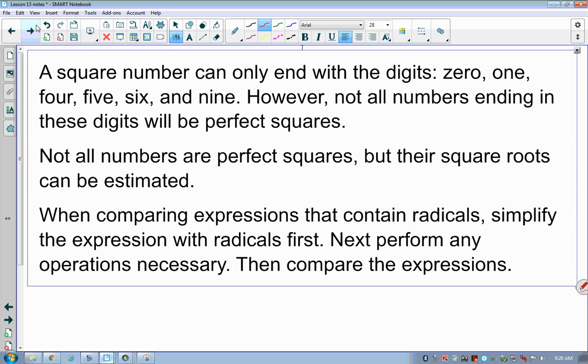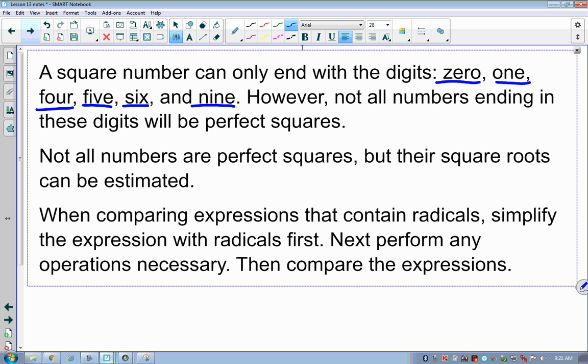So a square number can only end in certain digits. This will give you some hints whenever you look at a number. We made a list from 0 to 100, and we talked about them clear up to 225. But let's say we want to know, is a number a perfect square? But we can't remember if it's on the list or not. Well, every perfect square ends in 0, 1, 4, 5, 6, or 9.